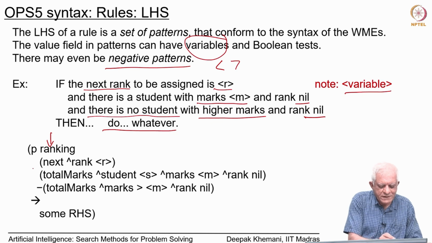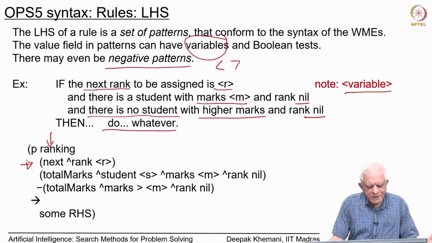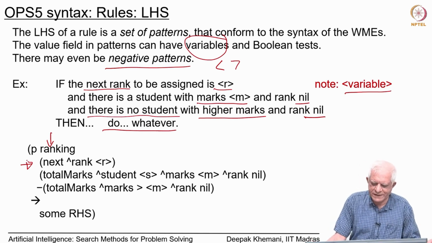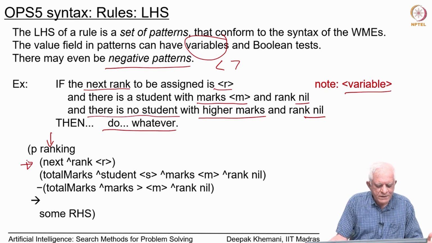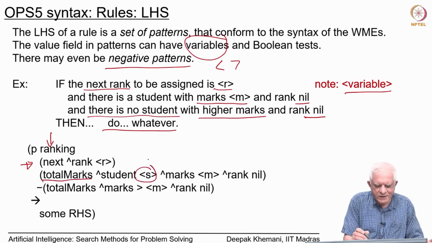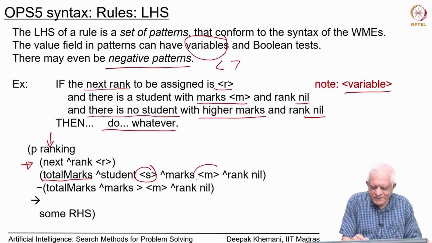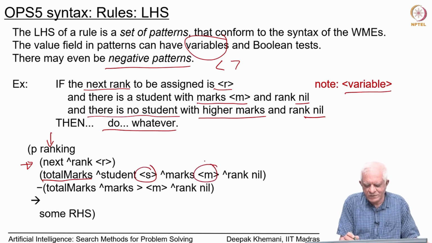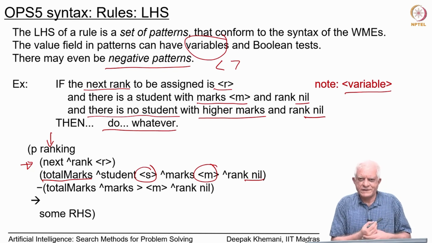There is a pattern, the first pattern here, it says that is there a working memory element with some value of R. So, since it is a variable, it will match anything. We will see this as we go along. Is there a record which is called total marks, in which there is some student, we do not care who the student is, and has got some marks, we again do not care what those marks are, but we do care that the student has not been assigned a rank here.